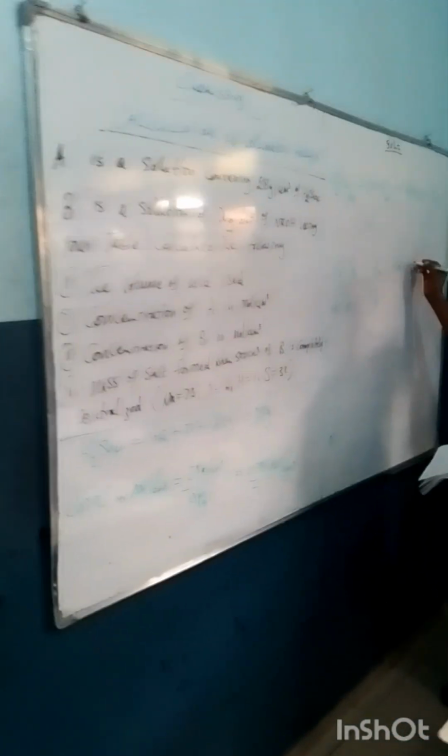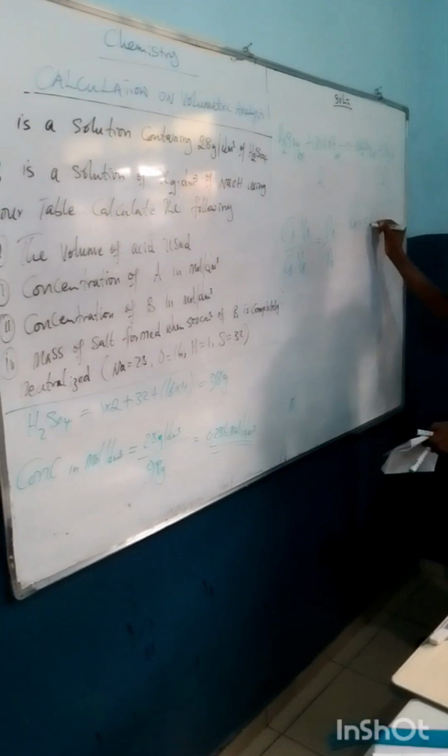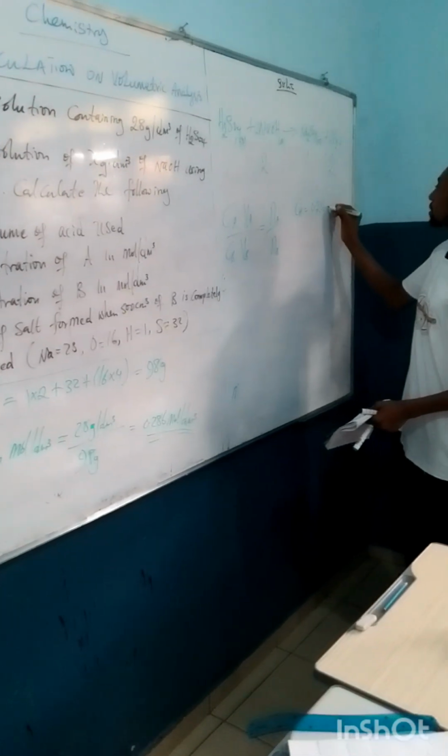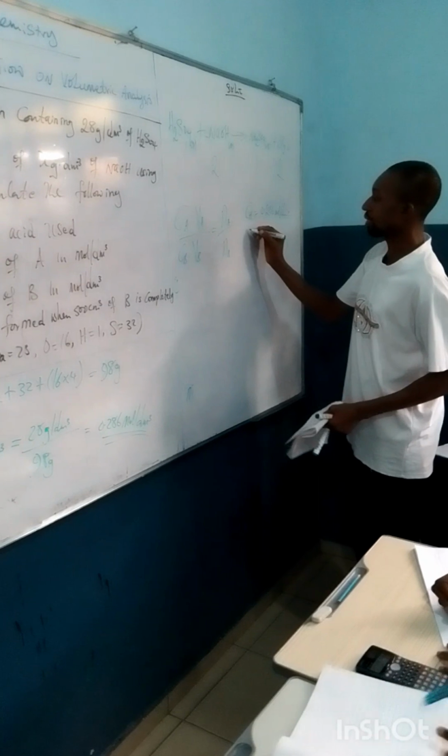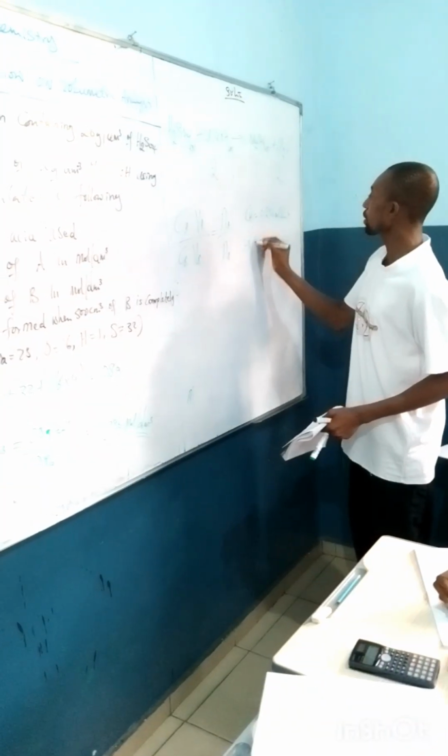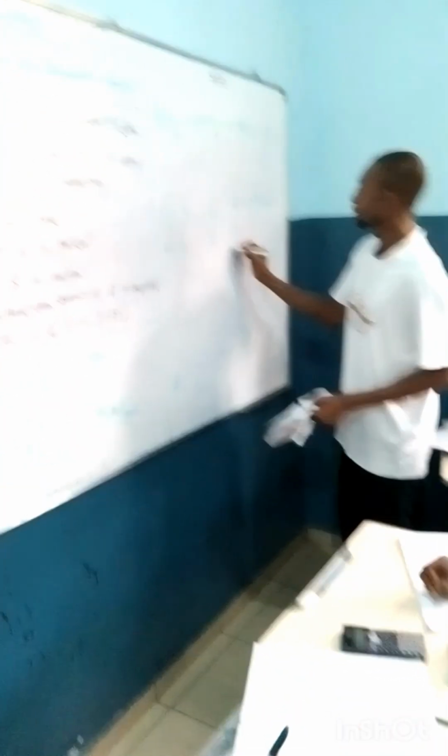Ca is equal to 0.286 mole per dm cube. And then Cb is unknown. That's what we are looking for.